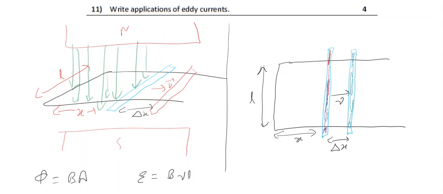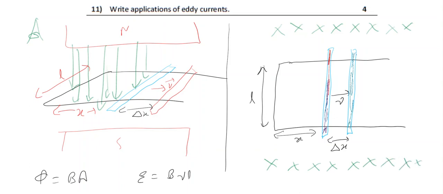Now where is the magnetic field? This is the top view, so if you are viewing this figure from here, we can say that magnetic field lines are going inside this screen. Both are the same figure but from different perspectives.